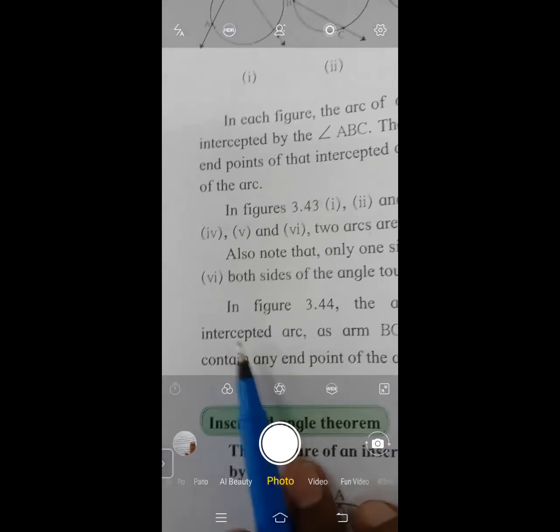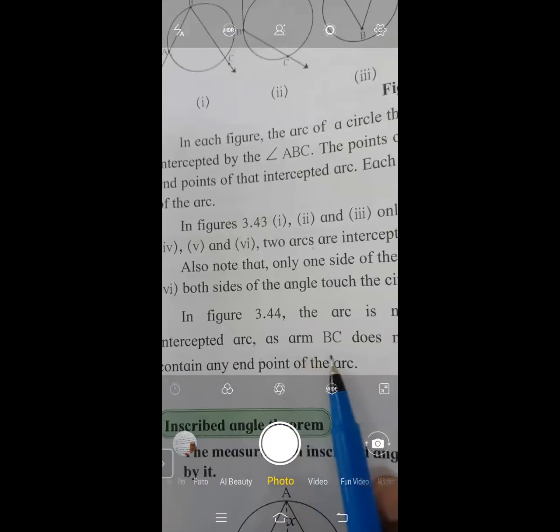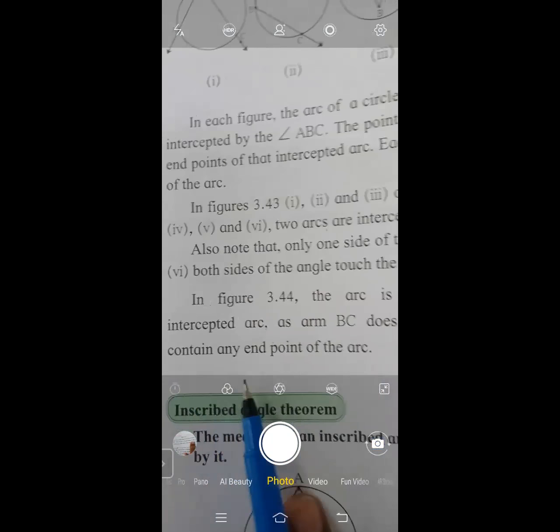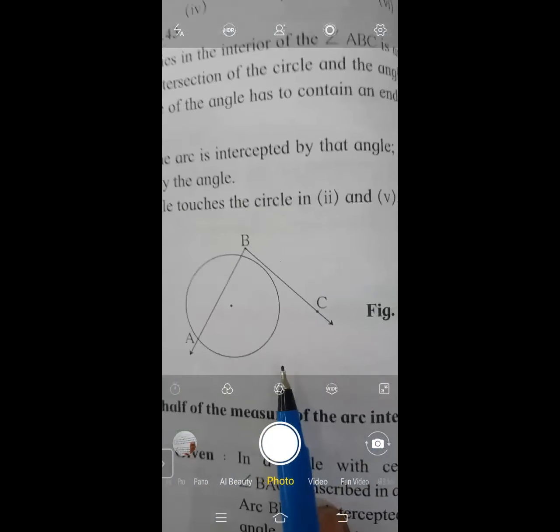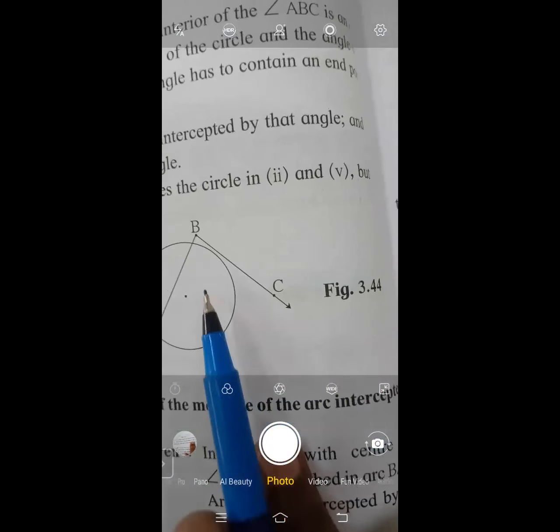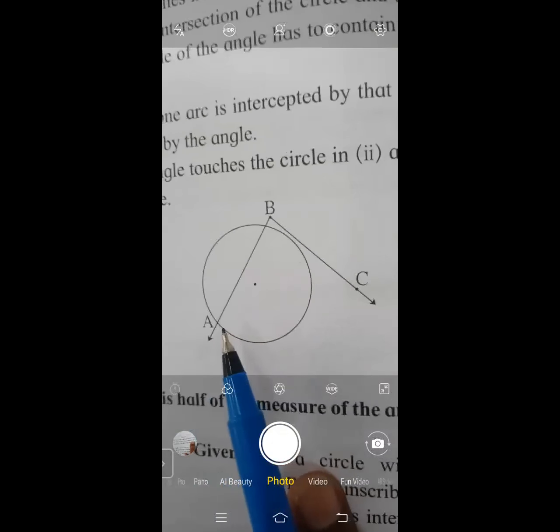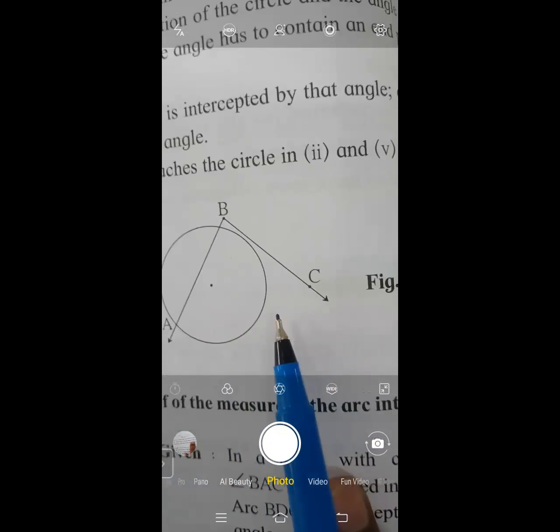So in figure 3.44, the arc is not an intercepted arc, as arm BC does not contain any end point of the arc. You can see this in 3.44. These end points are not there on the circle. So this is not an intercepted arc.